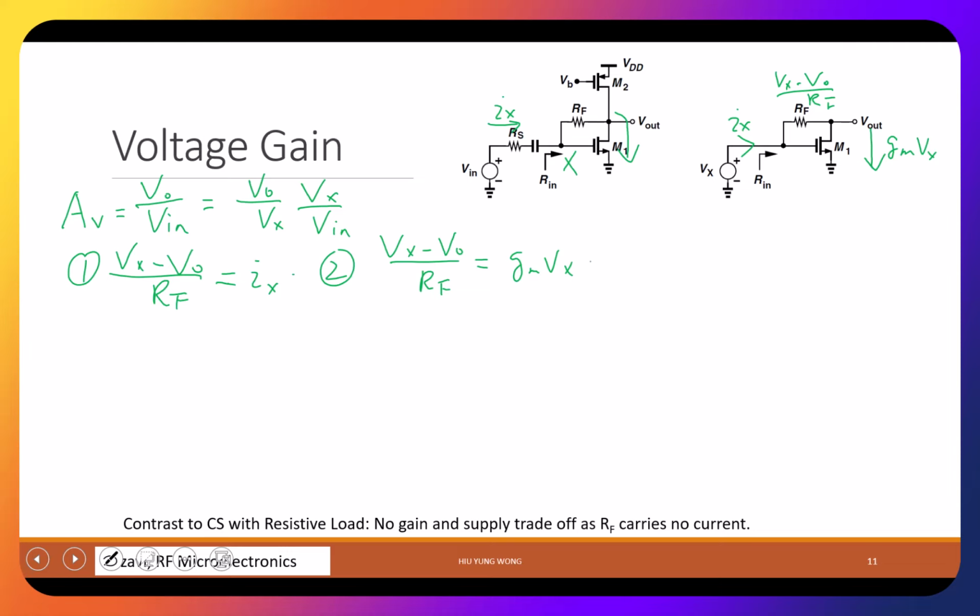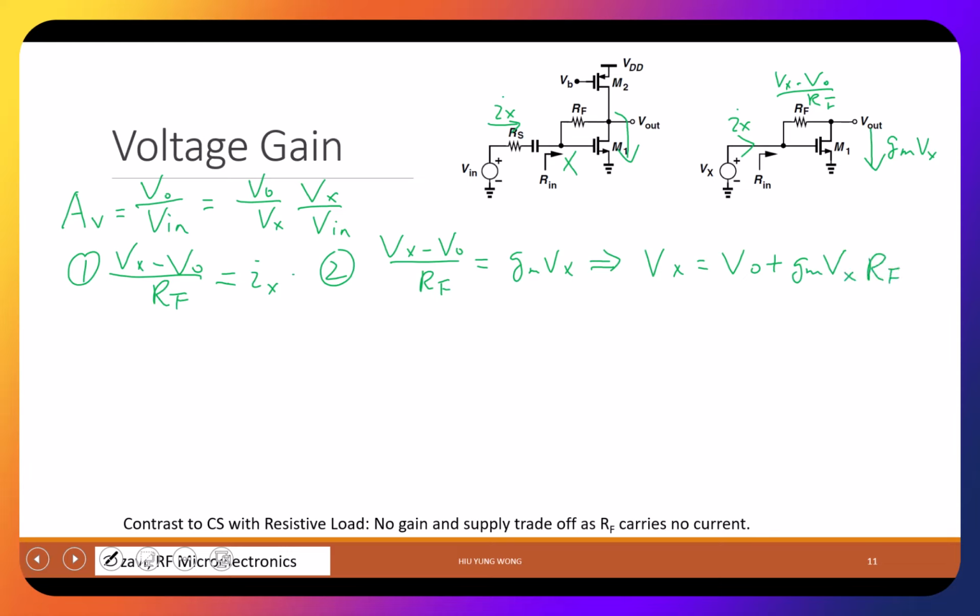So this one gives me this equation. I group the Vx together. I have Vx equals Vout plus GM Vx Rf.